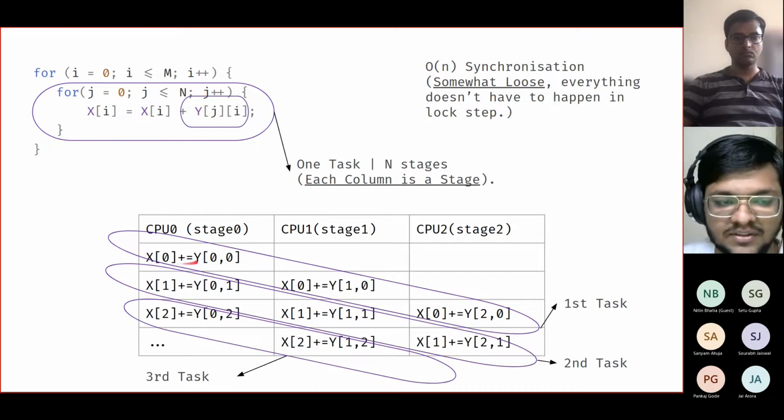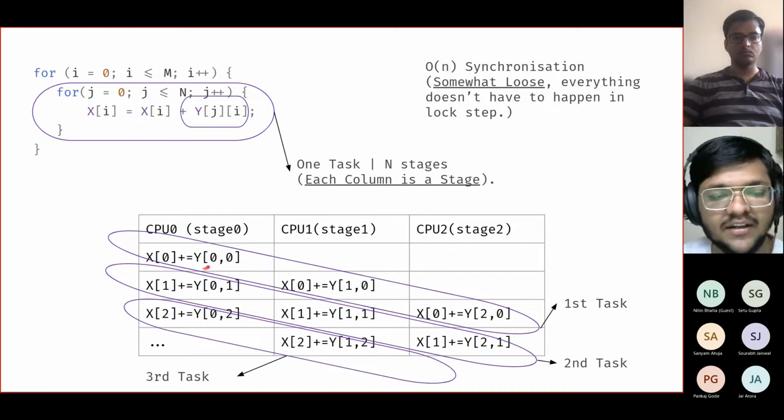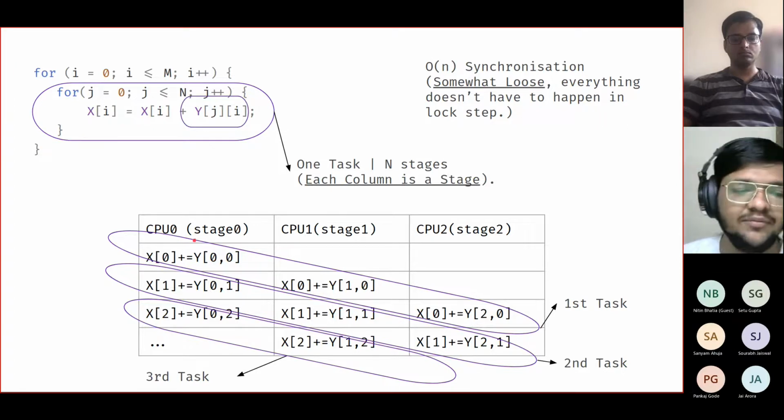So you can see x0 plus equal to y00. We are accessing the y jth elements: y00, y01, y02. For CPU 1 we are accessing y10, y11 and y12.